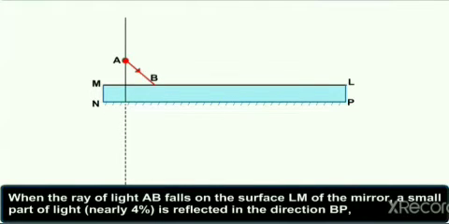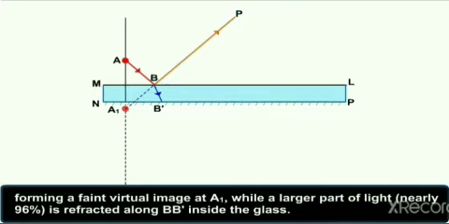When the ray of light AB falls on the surface LM of the mirror, a small part of the light, nearly 4%, is reflected in the direction BP, forming a faint virtual image at A1, while a larger part of light, nearly 96%, is refracted along BB' inside the glass.